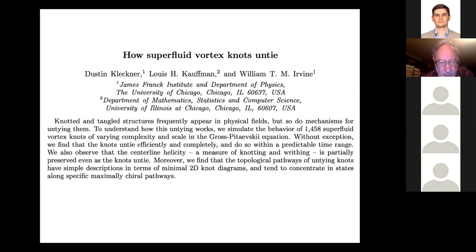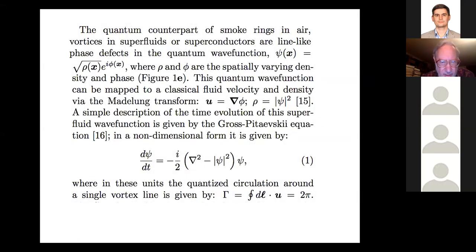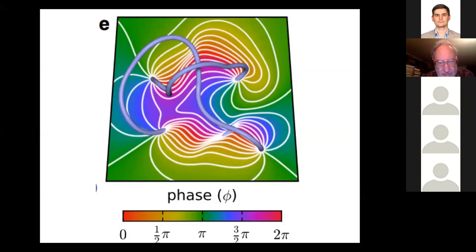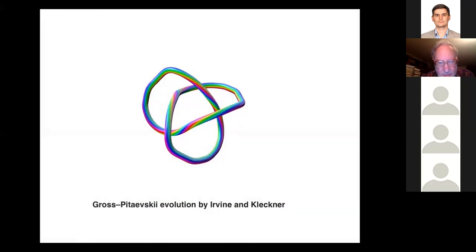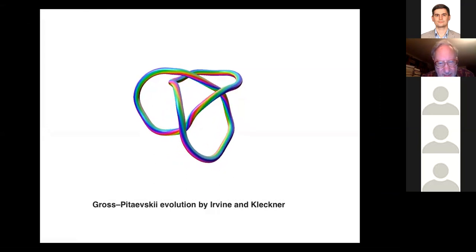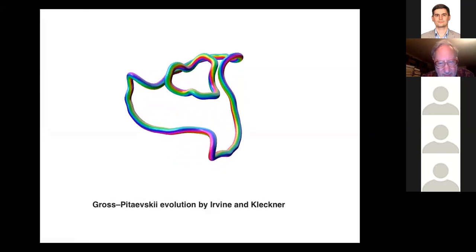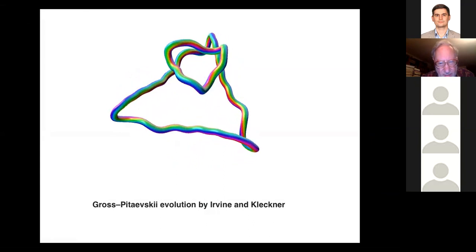So there have been many papers about reconnection, and this was one that we worked on. And in this paper, the model in back of this is not the knotted vortices in water, but artificial vortices produced by the nonlinear Schrodinger equation and the evolution of that. And then you can make evolutions that happen in that computer mathematical space where the reconnection happens.